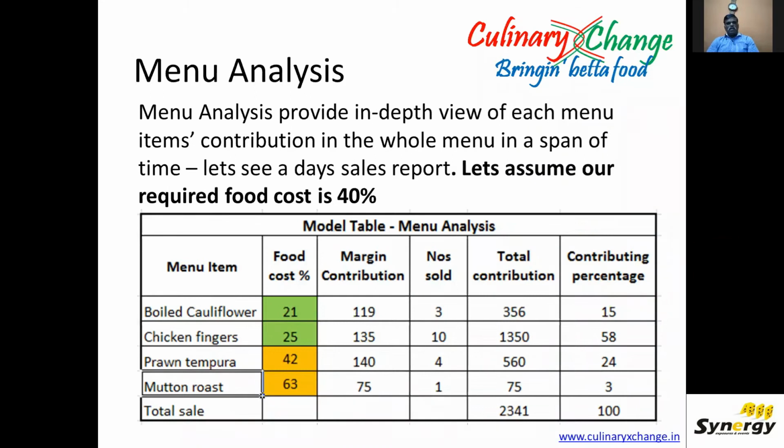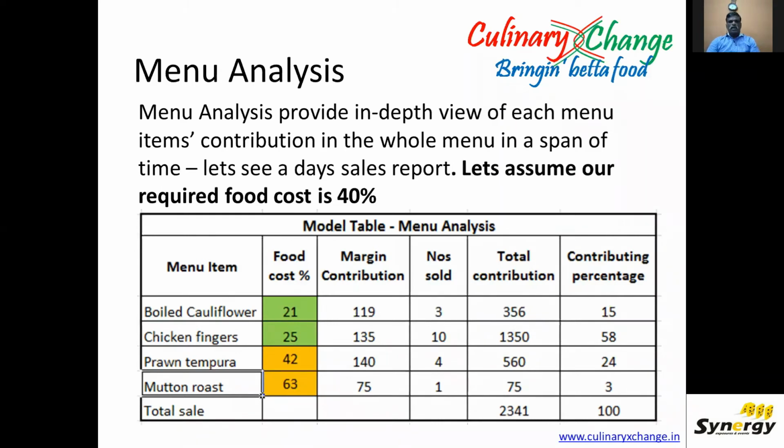So cauliflower offers 119 per portion, and we have sold 3 numbers in that particular day, and total contribution of cauliflower is 356. And here we also see the contributing percentage. Out of all the contribution, we will see how much the cauliflower has contributed. Here we have calculated it as 15%.